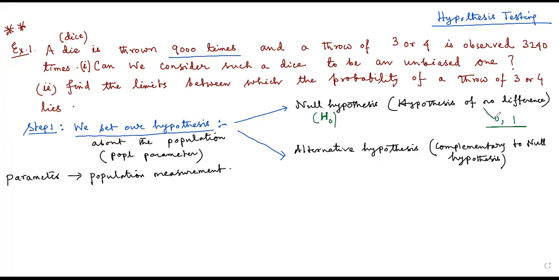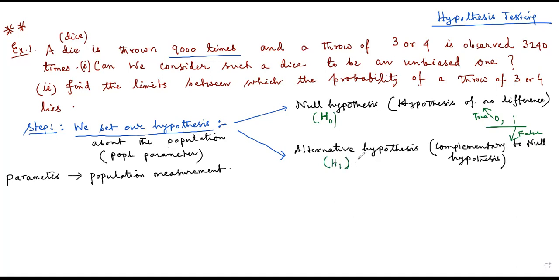Either your hypothesis is going to be true or your hypothesis is going to be false. So there are two possibilities, therefore I'm saying that it is a binary system. So we have used two binary digits, 0 and 1. So for the null hypothesis or hypothesis of no difference, I am setting the notation as H0, and its complementary hypothesis will be denoted by H1.